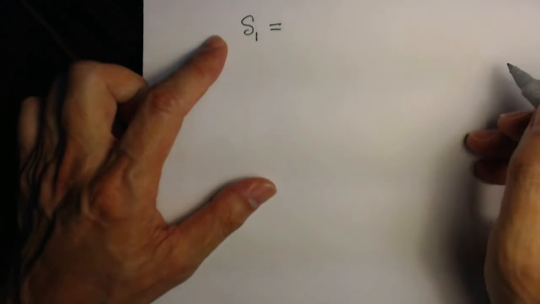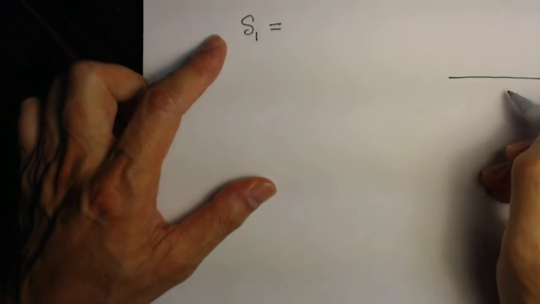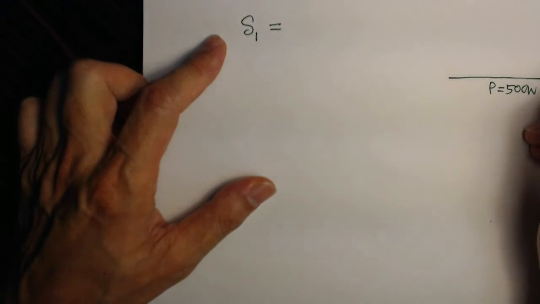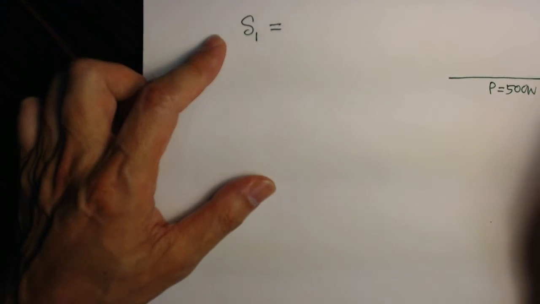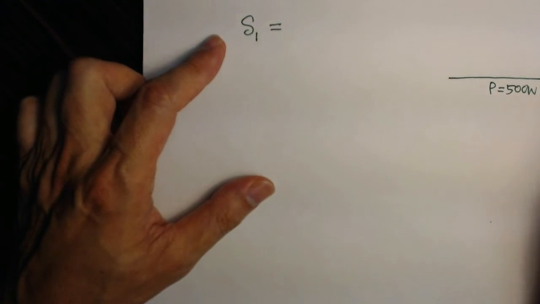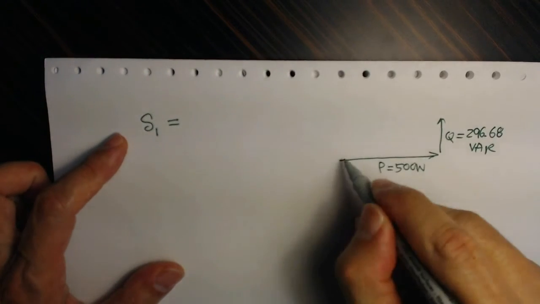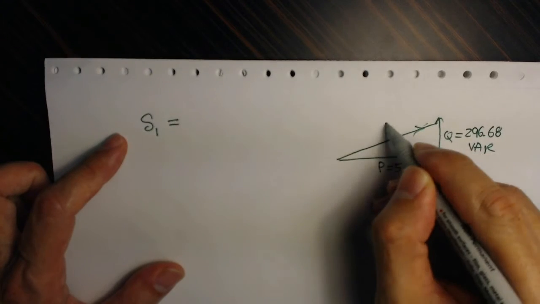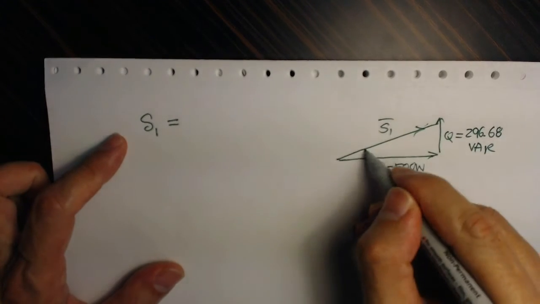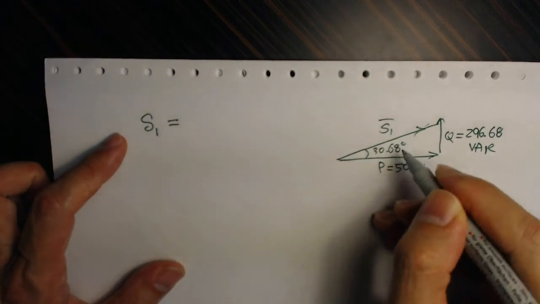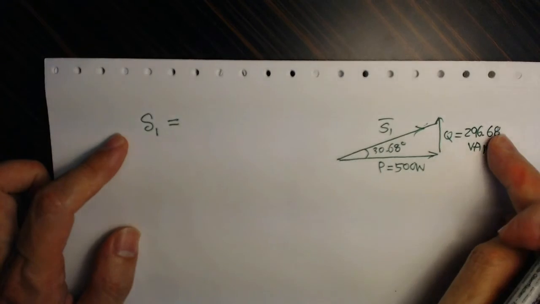Now what happens is that the new equation becomes like that. P is 500 watts. The Q now has dropped to 296.68 VAR. Now I want to know what is the new apparent power S. The angle is 30.68. So the new apparent power is the square root of the sum of the squares, right?